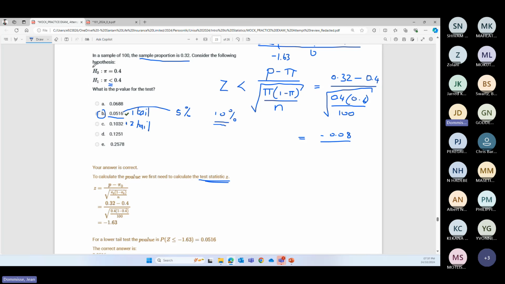So be very careful when they talk about the one tail and the two tail. When they give it to you, just make 100% sure whether it is one tail or two tail, because it might have an influence on whether you reject or do not reject the null hypothesis.